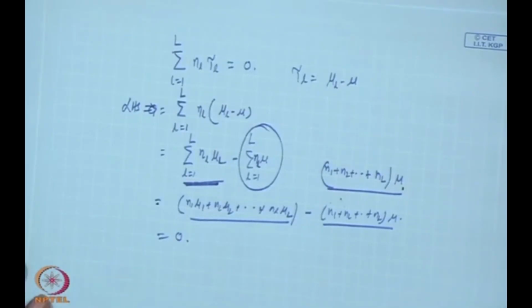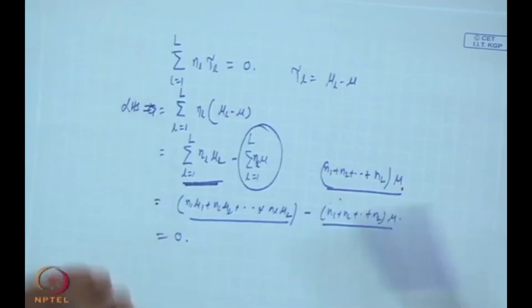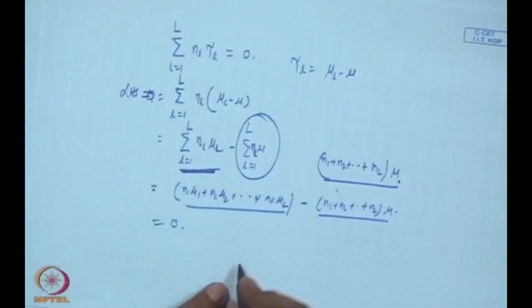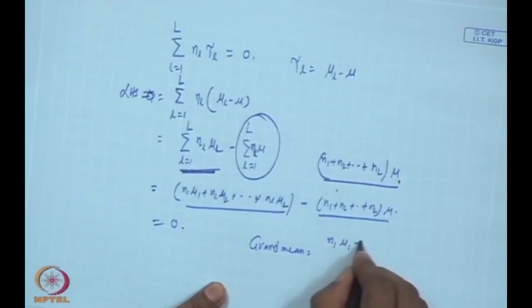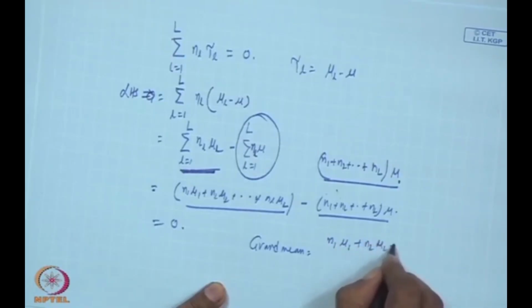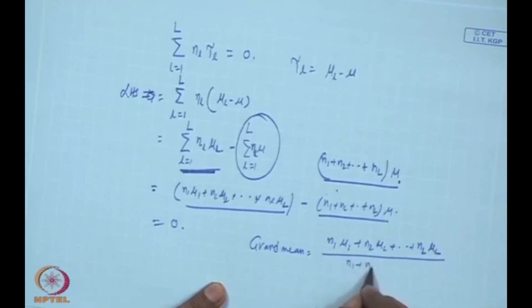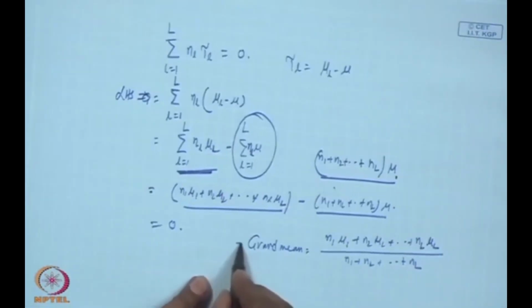Problem? You have to understand that the grand mean is the mean of the means, weighted case here, n 1 mu 1 plus n 2 mu 2 plus n L mu L by total frequency, and this one is mu.